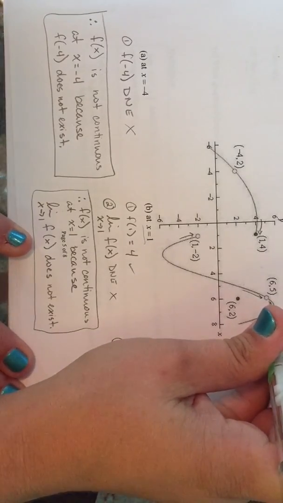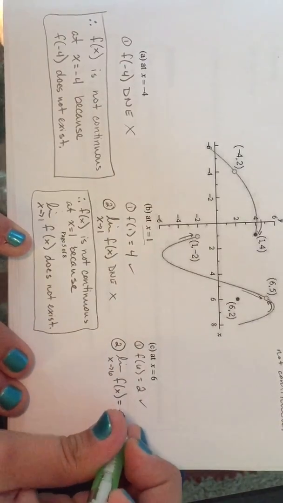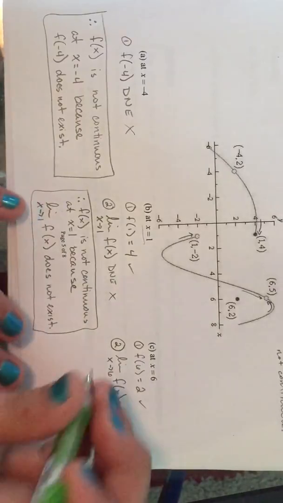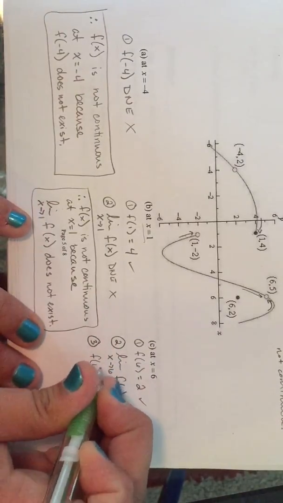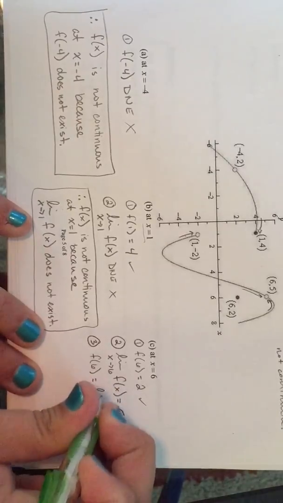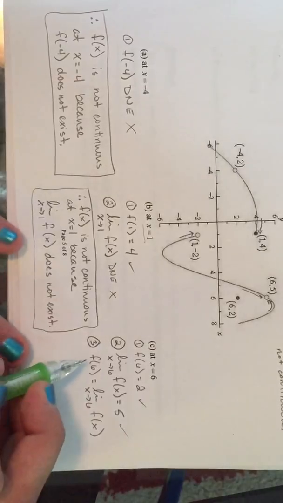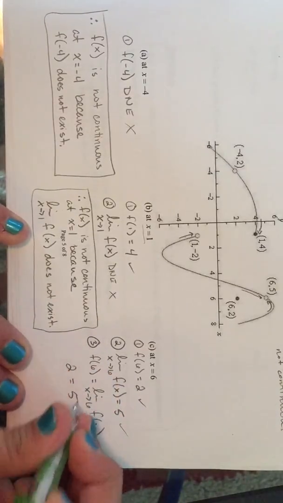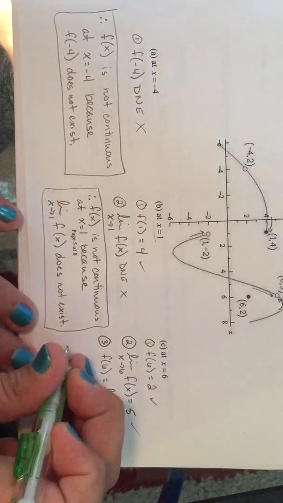As the function's coming into 6, it goes right here, which goes to 5. So this limit goes to 5 since they both go to 5, okay? So check. Part 3, f of 6 is supposed to equal the limit as x goes to 6. Okay, well f of 6 is 2 and the limit is 5. So 2 equals 5 is not a true statement.